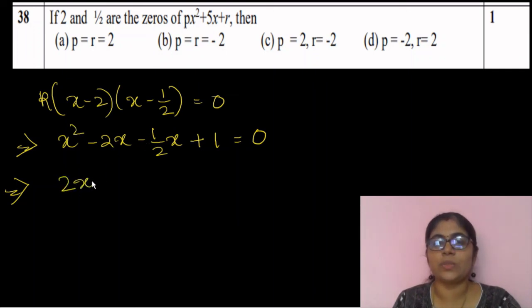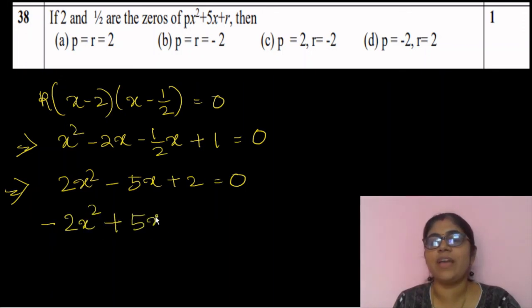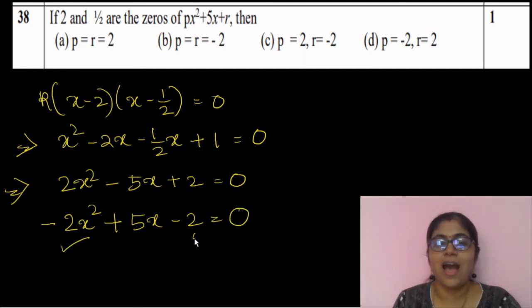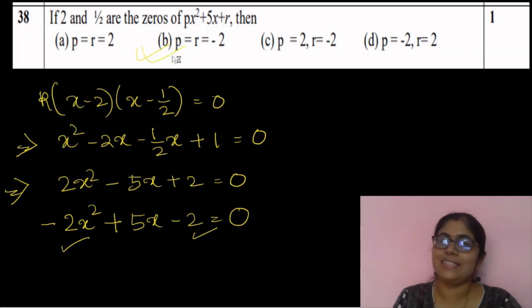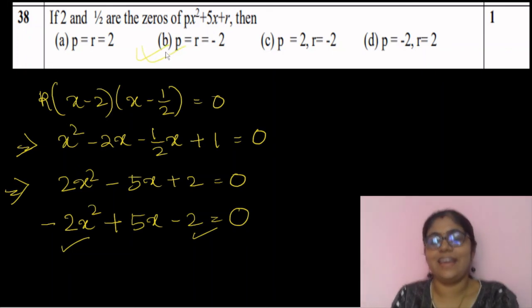So 2x square minus 5x plus 2 equals to 0. So if we convert this to the former equation, that is minus 2x square plus 5x minus 2 equals to 0, then p and r both equal minus 2. So option B is the right answer here.